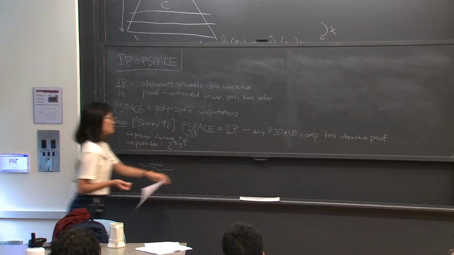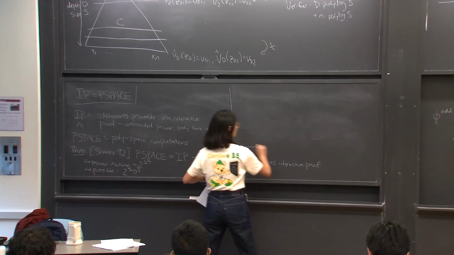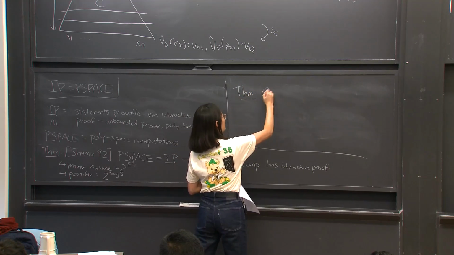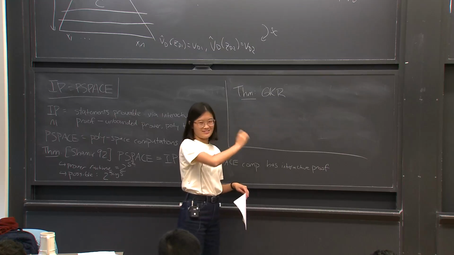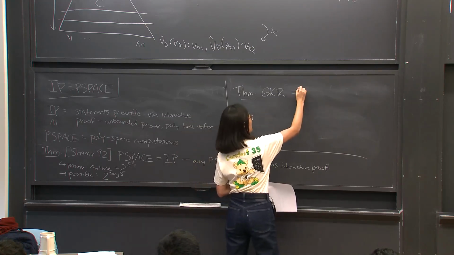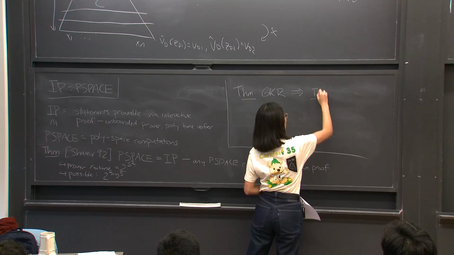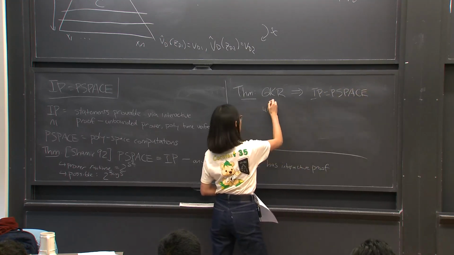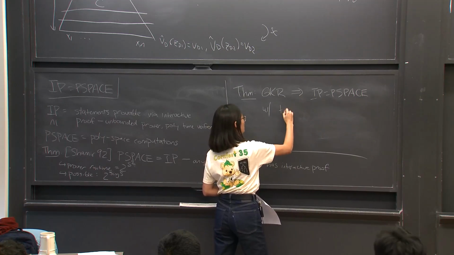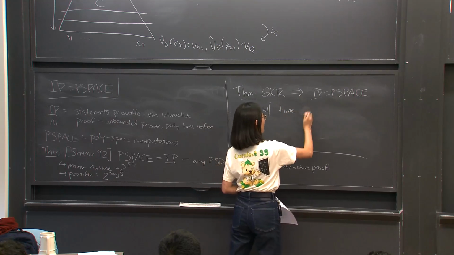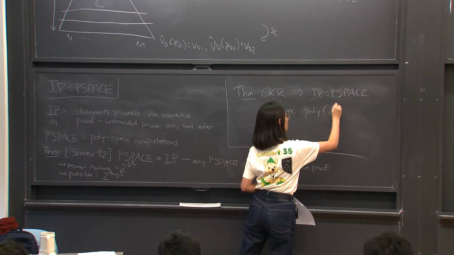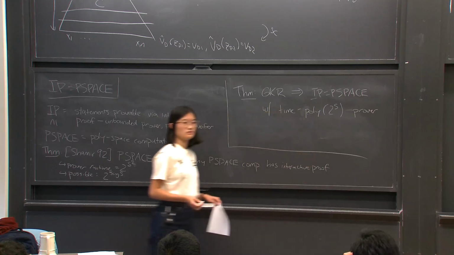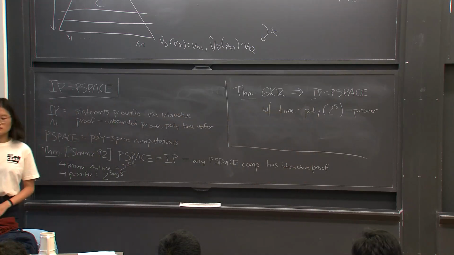So today the theorem is going to be as follows. Assuming GKR, which is an unconditional statement, so it's not an assumption, it's just what we're going to use in the proof. Since we have GKR, we can get IP equals PSPACE with a poly(2 to the s) time prover.